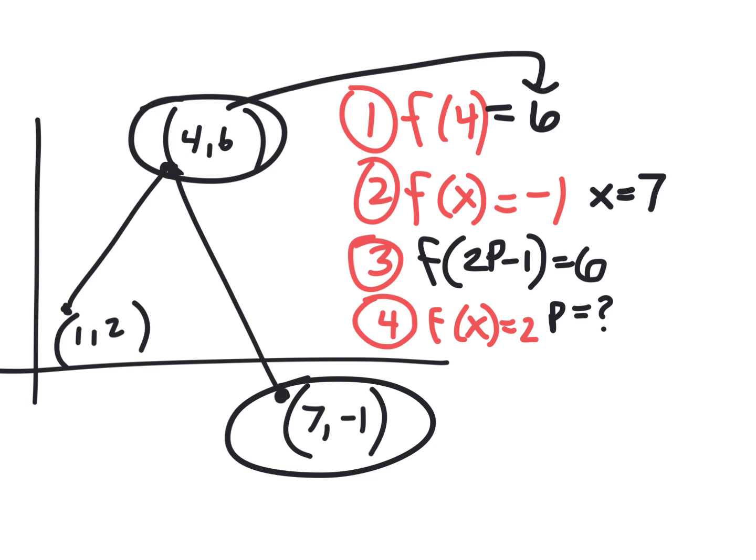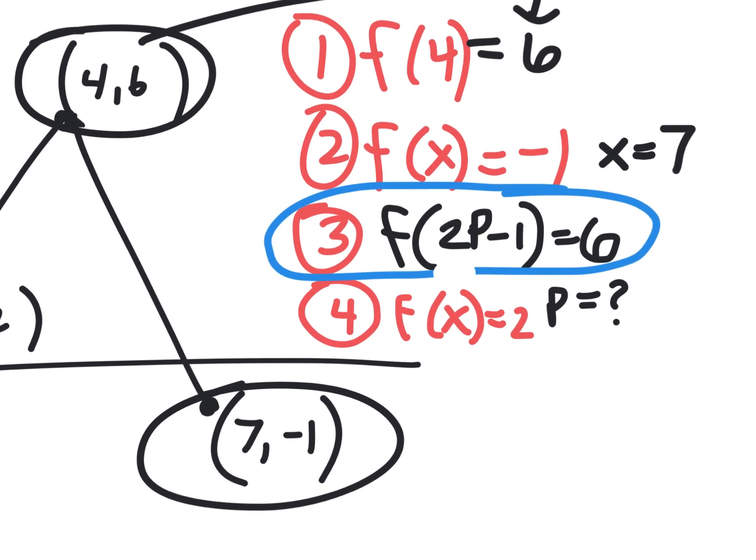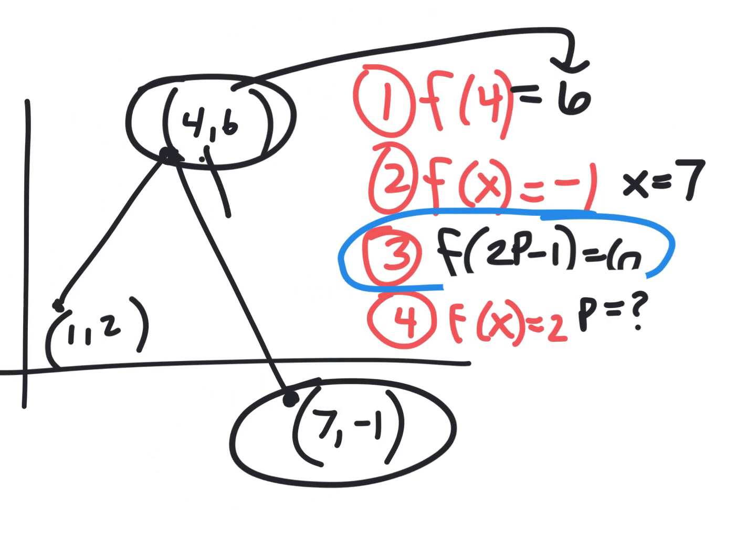Now number 3. This one, I always do it this way. Underneath it, I write f of what is 6? And I look at my function, and that's this one. F of 4 is 6. If f of 4 is 6, and f of 2p minus 1 is 6, then this must equal this.